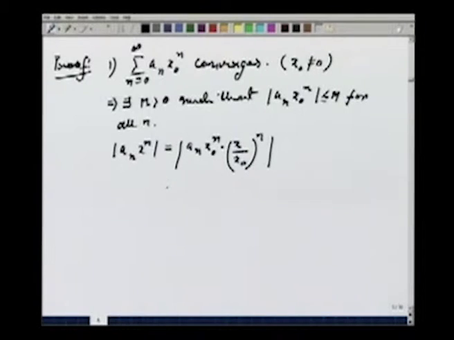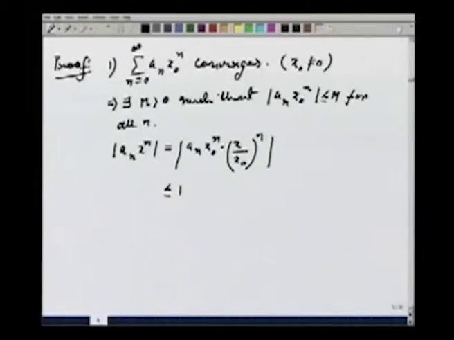If I separate the modulus, it would give me, using the previous inequality, that modulus of a n x naught to the power n is always bounded. It is less than or equal to m times mod x by x naught whole to the power n.